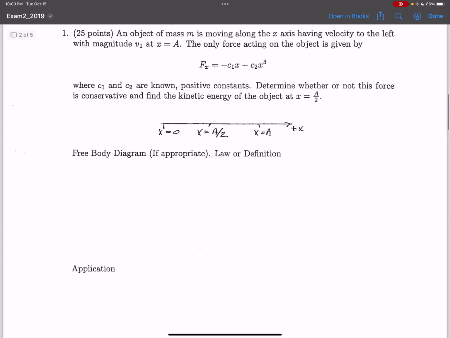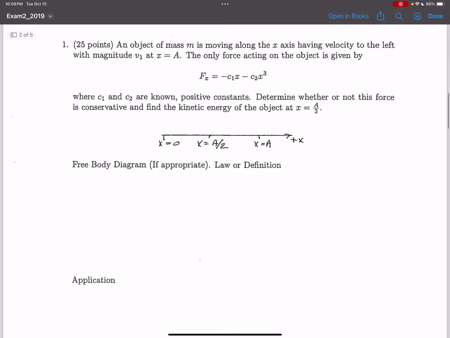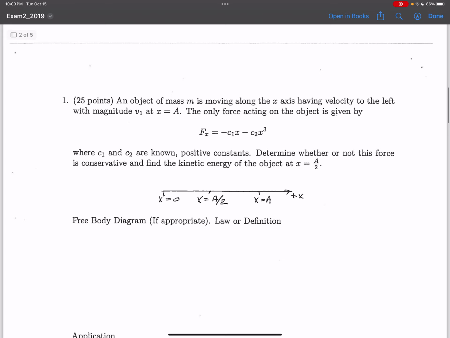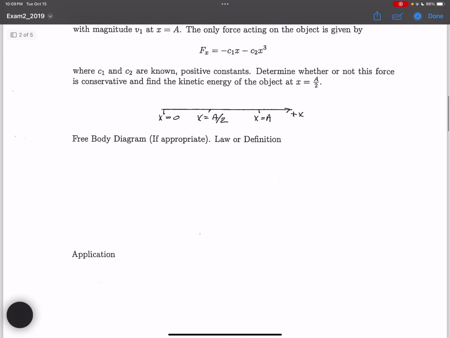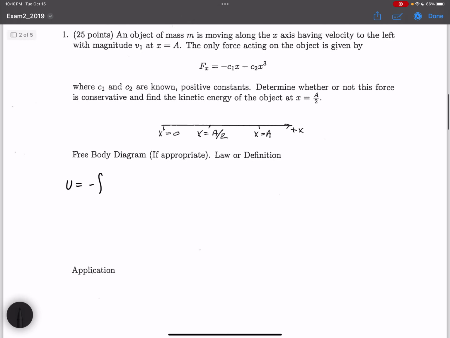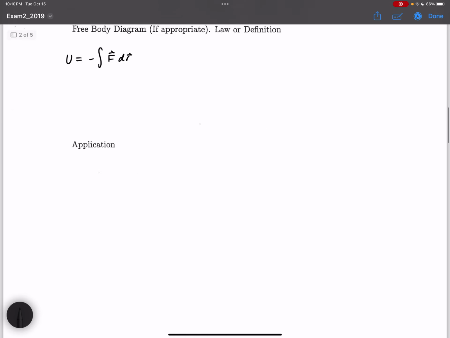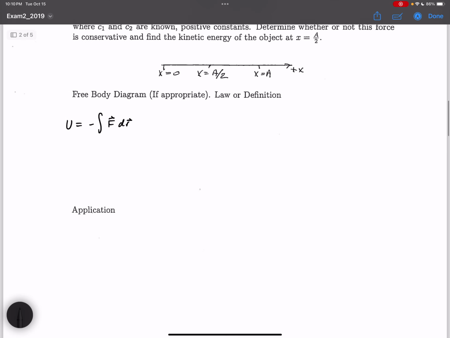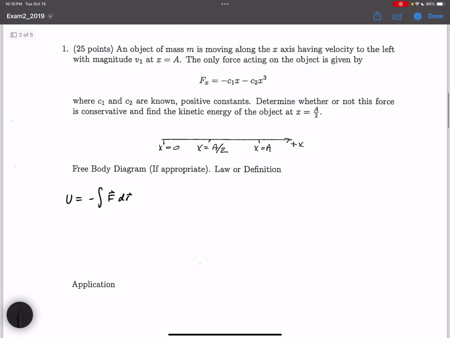So we can write this law as: the potential energy of a force is equal to the negative integral of that force, dr. There's going to be another law we use, but so far we can just go ahead and say that we have that. It's asking us to determine whether or not the force is conservative.